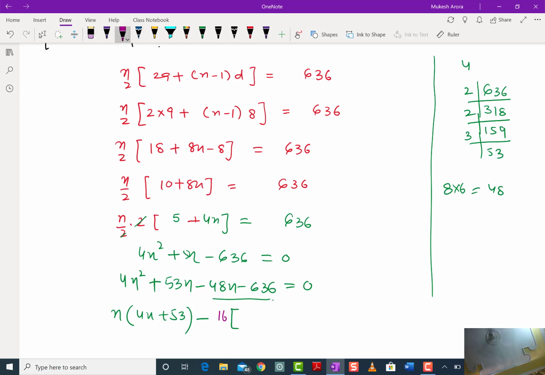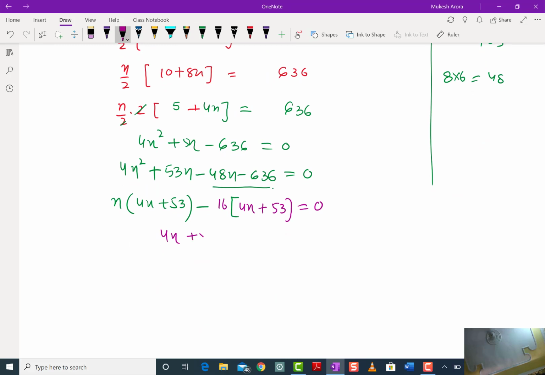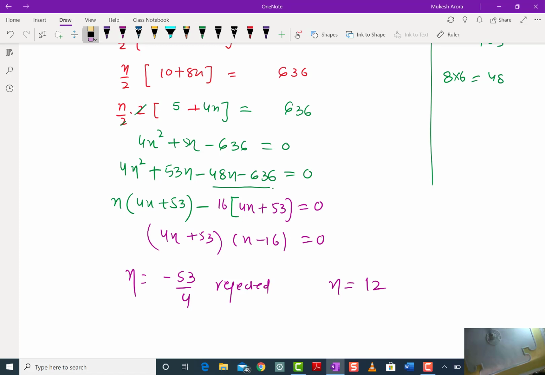I'm really sorry. 16 is common. So it is 4n plus 53 and n minus 12 is equal to 0. n is equal to minus 53 by 4, which is not possible, rejected. So n is equal to 12. So 12 was common. So 12 is the right answer.